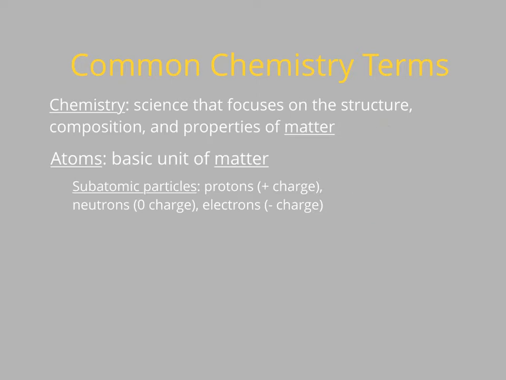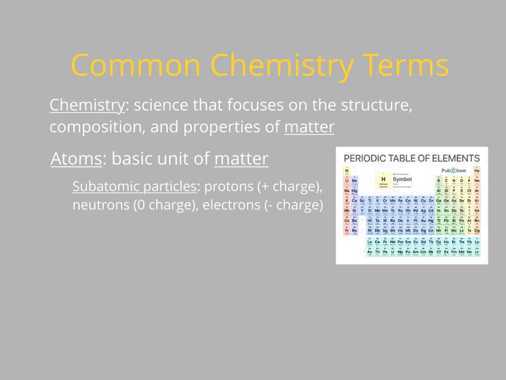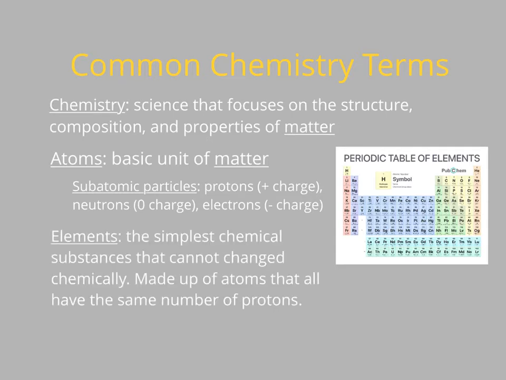The primary tool of any chemist is the periodic table of elements. So, what exactly is an element? By definition, an element is any one of the simplest chemical substances that cannot be changed in a chemical reaction or by any chemical means. And all elements of the same type are made up of atoms that have the same number of protons.